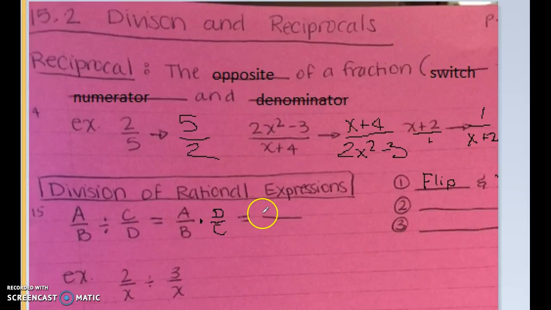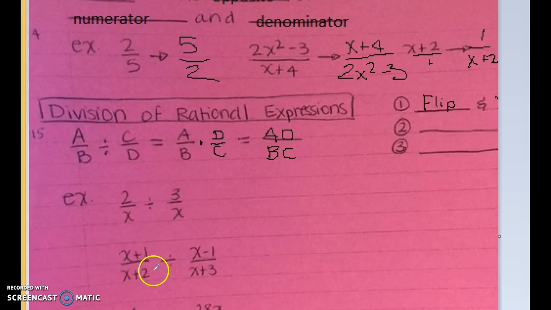Just like on Friday, it would be AD over BC. For these other examples down here, after you flip and multiply, then you're going to factor and simplify.